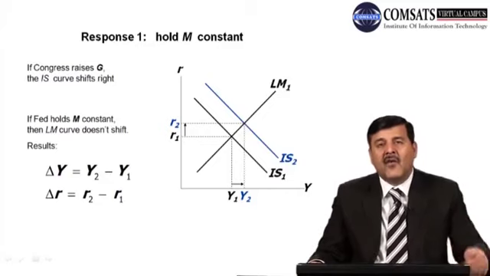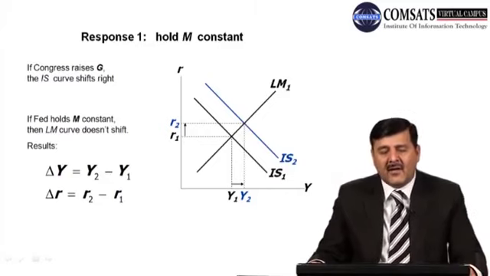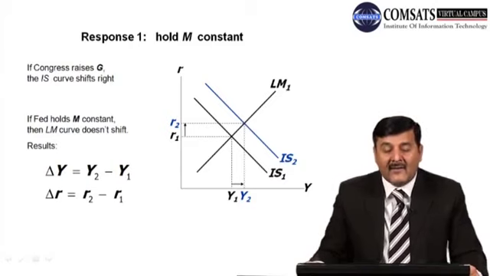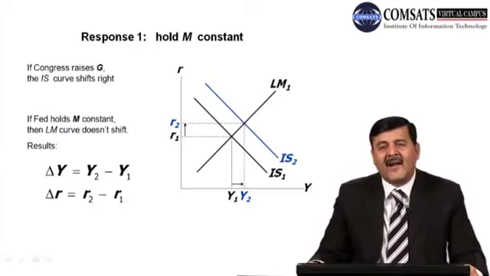Now suppose the government increases expenditure, the IS curve shifts rightward, and we are at a new equilibrium, R2 and Y2. Now if M is held constant, then the LM curve does not shift. So what will be the result? Delta Y is equal to Y2 minus Y1, and delta R is equal to R2 minus R1.